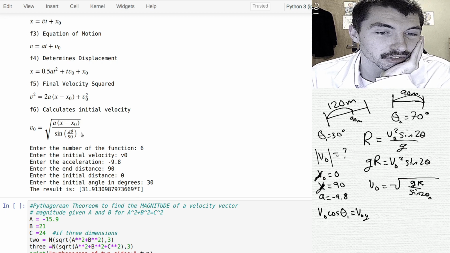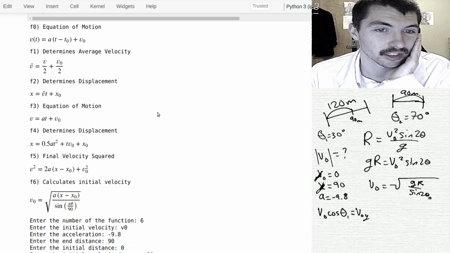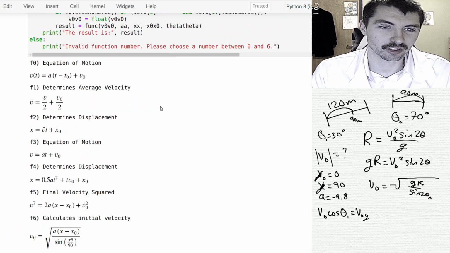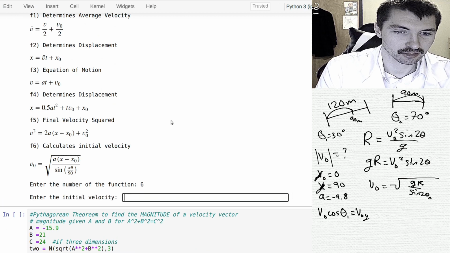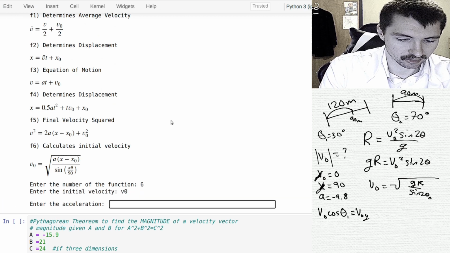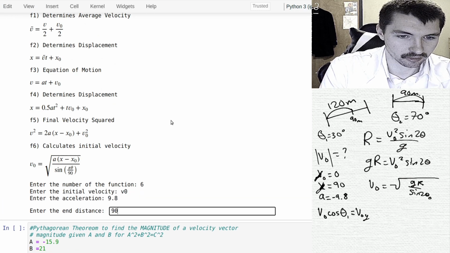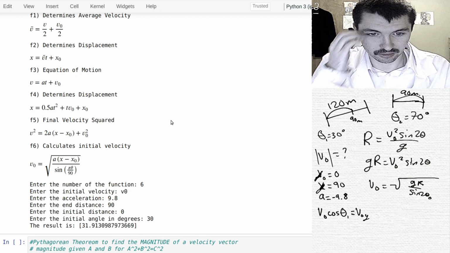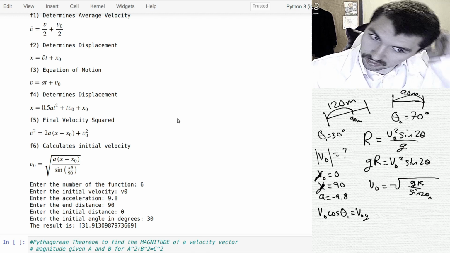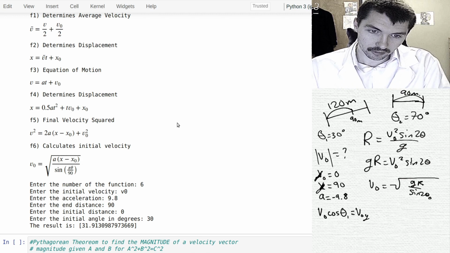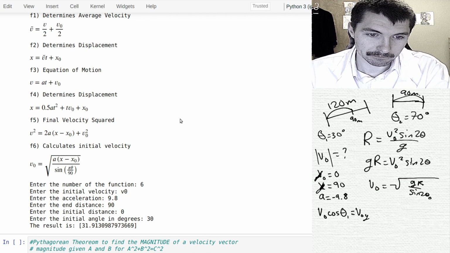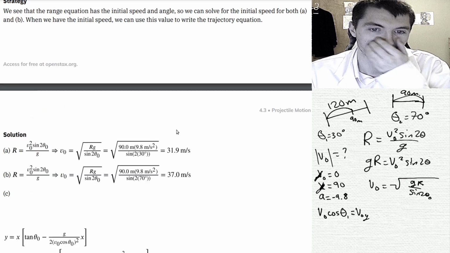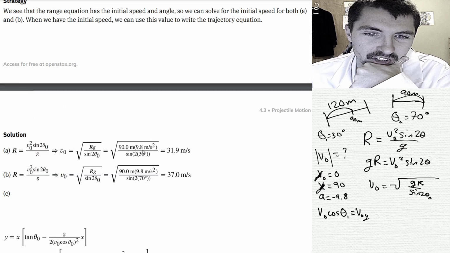So maybe it's gravity. Let's try positive: V naught, 9.8, 90, 0, 30. Okay, so they're using positive gravity. So yeah, they are using positive gravity.